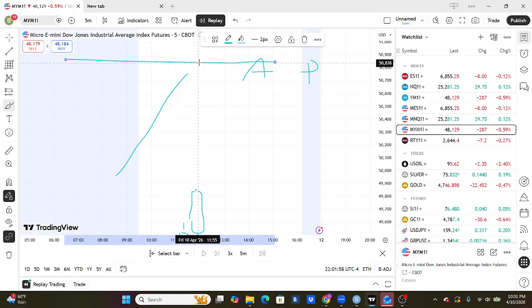We're going to hit this level and we're going to go down. So they're going to place what's called a limit order. You place a limit order at this price to say if price hits this level, we're going to react bearishly off this level. So you're just essentially placing an order and waiting for price to hit that order.